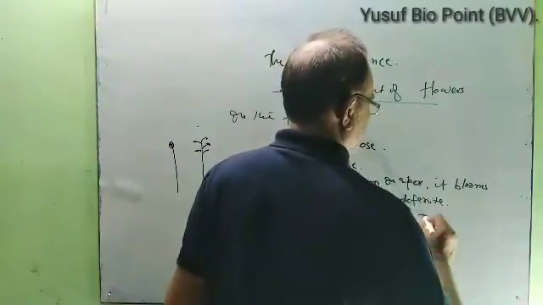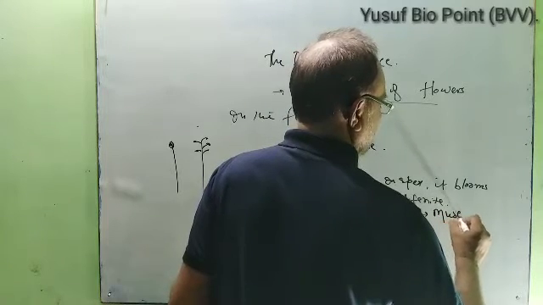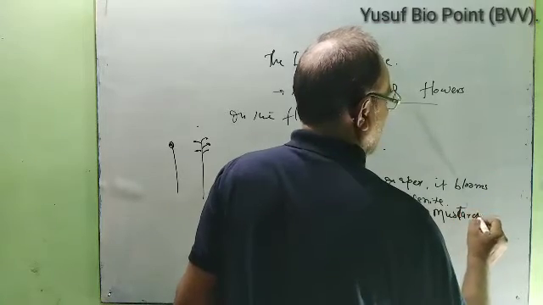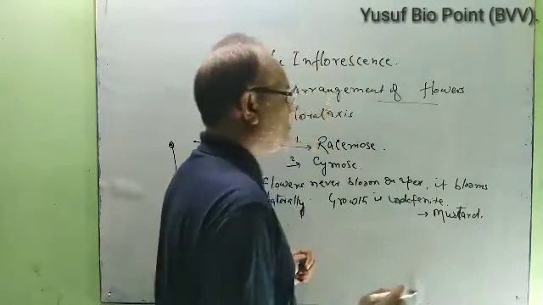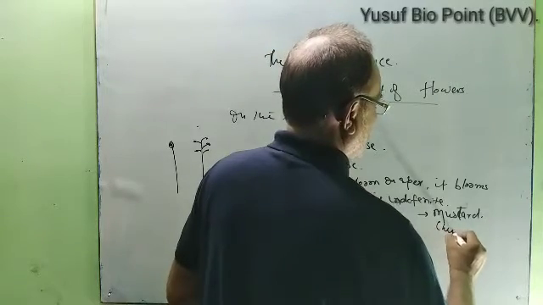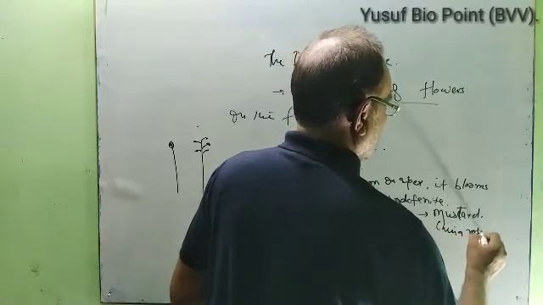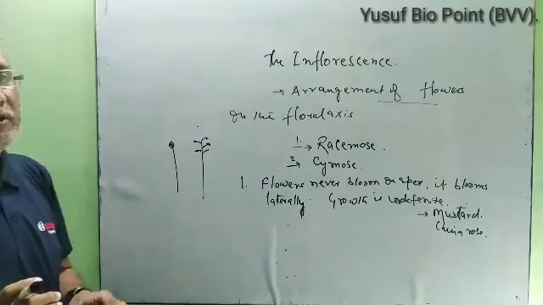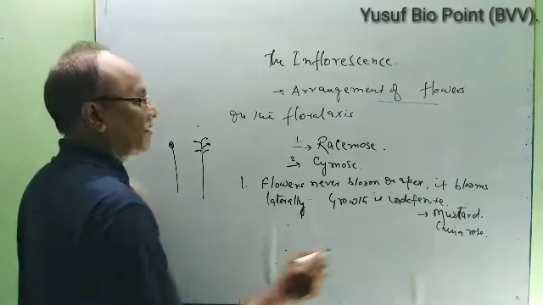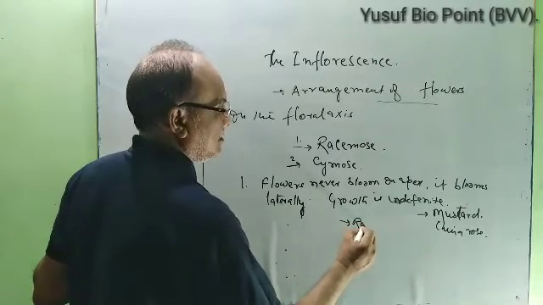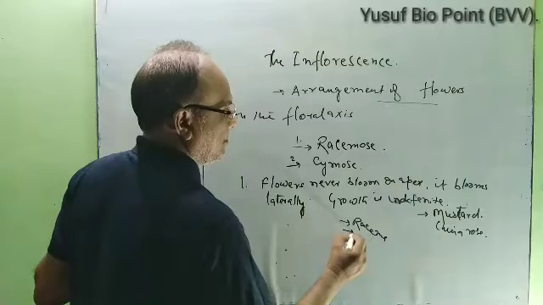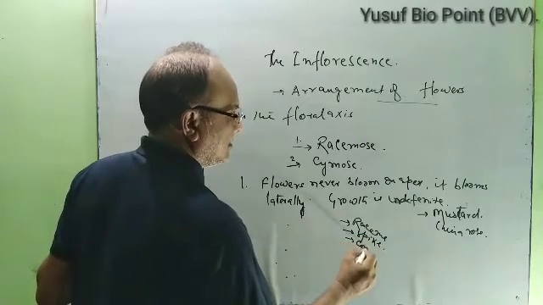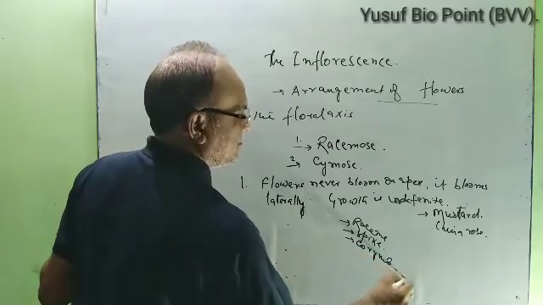Examples: mustard, China rose. Although it is of several types, it may be raceme, a spike, and so on.